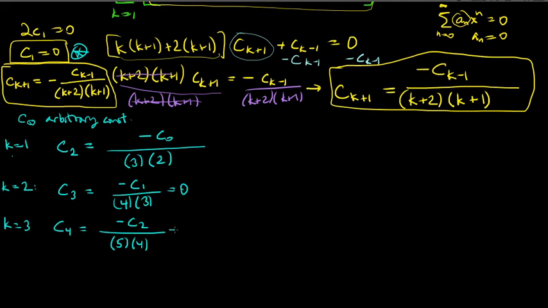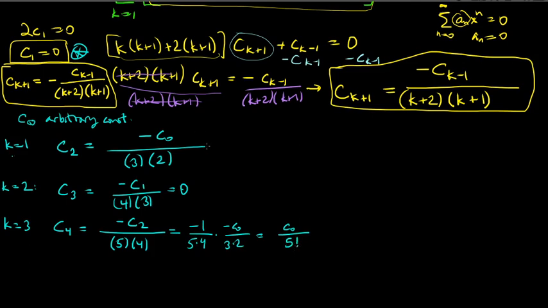Right, so what is this in terms of C0 now? So remember, let's do negative 1 over 5 times 4, and then C2 is negative C0 divided by 3 times 2. So that's going to be a positive C0 over 5 times 4 times 3 times 2 times 1, which is 5 factorial.